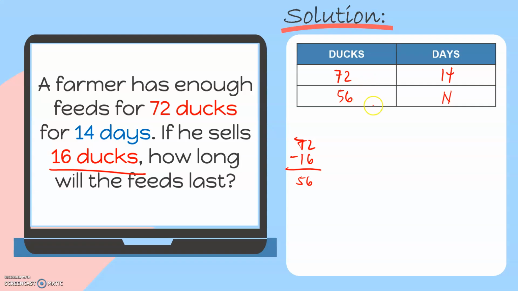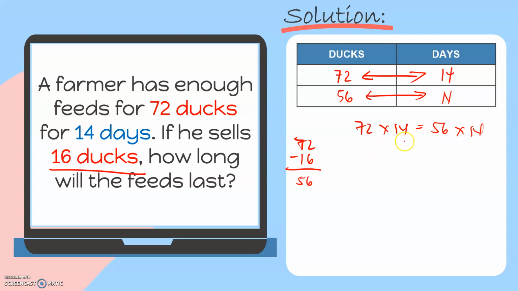Okay. And again, this is an example of an inverse proportion because we expect that if there will be a lesser number of ducks, the feeds will of course last for a longer period of time. Therefore, we'll multiply the quantities on the same row. Okay, so we'll have here 72 times 14 is equal to 56 times n.